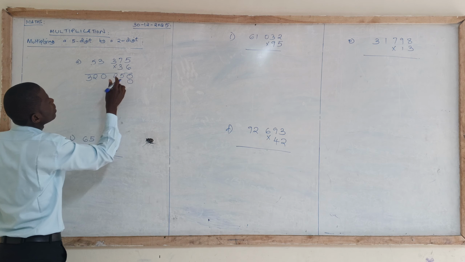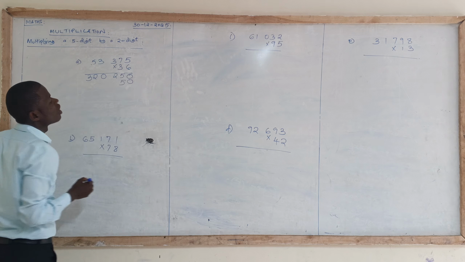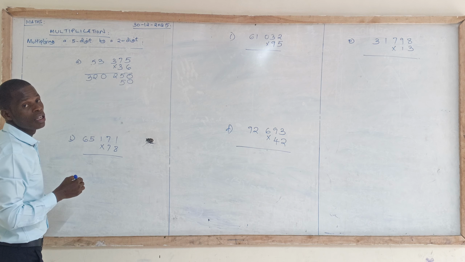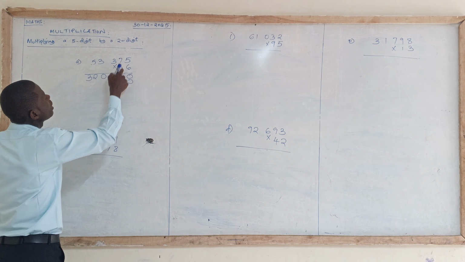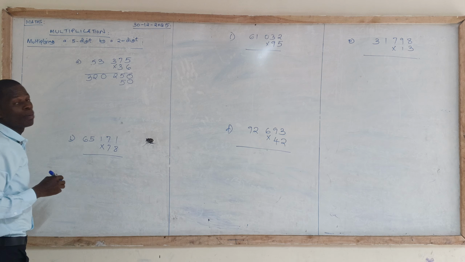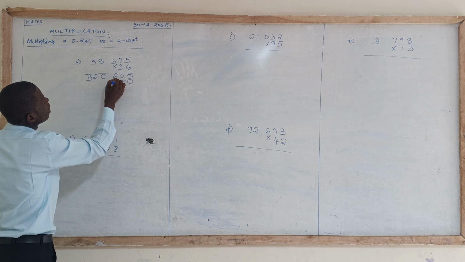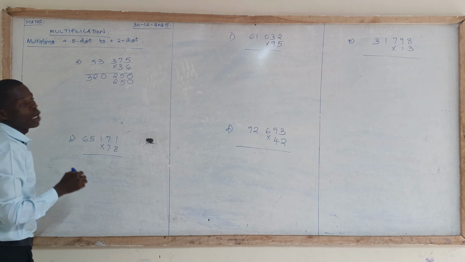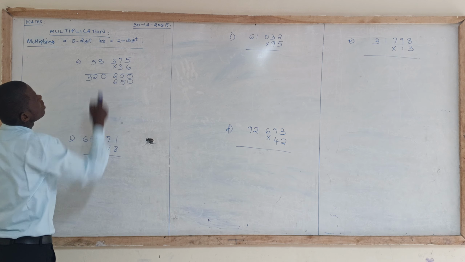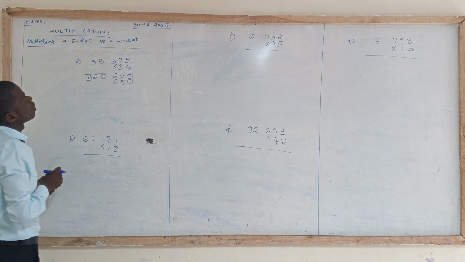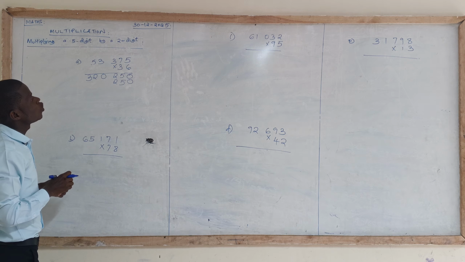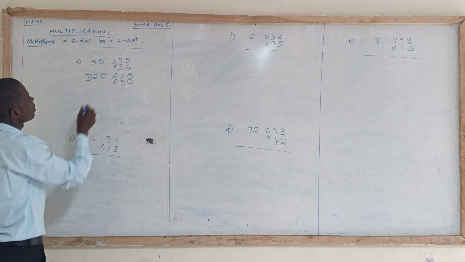Now, 3 times 5 is 15. Write 5, carry 1. 3 times 7 is 21. Plus 1 you carried, 22. Write 2, carry 2. 3 times 3, that is 9. 9 plus 2 you carried, that's now 11.